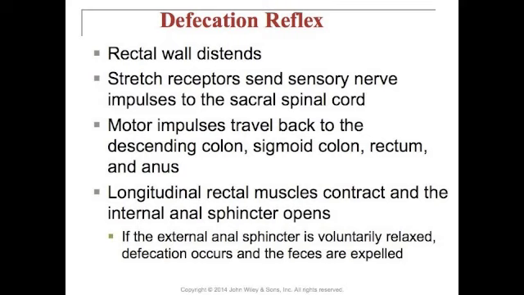The pressure, along with voluntary contractions of the diaphragm and the abdominal muscles, plus the parasympathetic stimulation, opens the internal anal sphincter. If the external anal sphincter is voluntarily relaxed, defecation occurs and the feces are expelled.